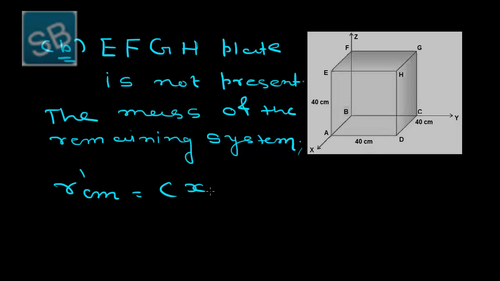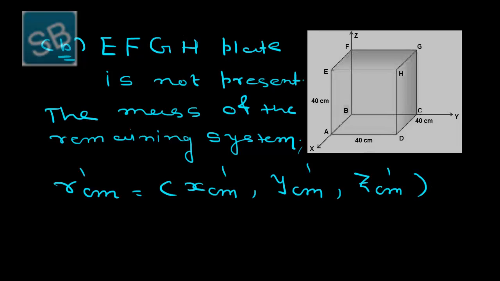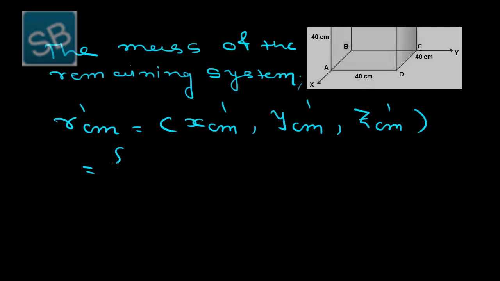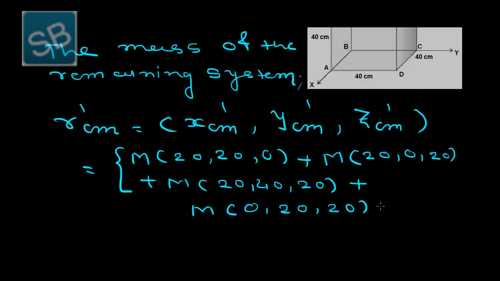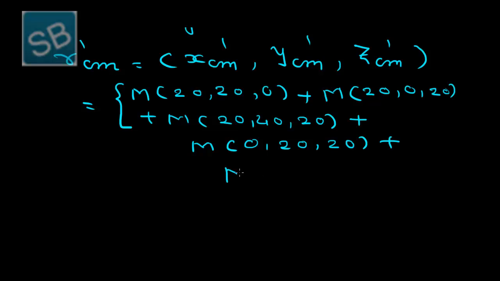Therefore, R dash CM is equal to X_CM dash, Y_CM dash and Z_CM dash. It is equal to m into 20, 20, 0, plus m into, instead of 20, 20, 40, now the next term is 20, 0, 20, plus m into 20, 40, 20, plus m into 0, 20, 20, plus m into 40, 20, 20.